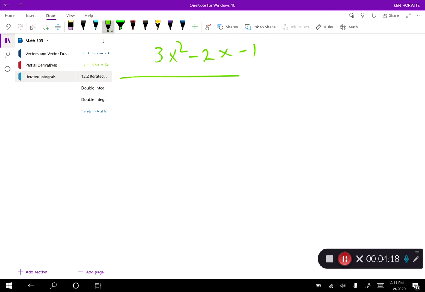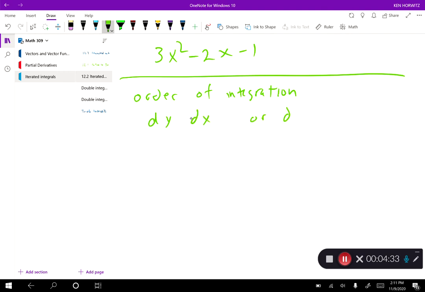As I said, the order of integration is either going to be dy dx or dx dy. The order in general doesn't matter. You're going to get the same answer either way.